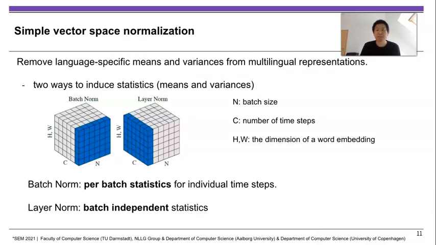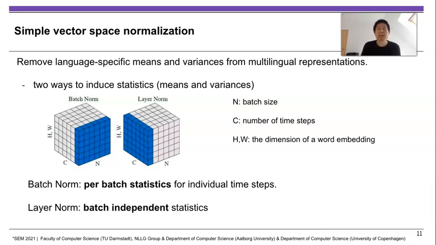The next solution we investigate is vector space normalization, because we want to remove language-specific means and variances from multilingual representations. In such a way, representations of arbitrary languages will be centered at the origin of a shared vector space.